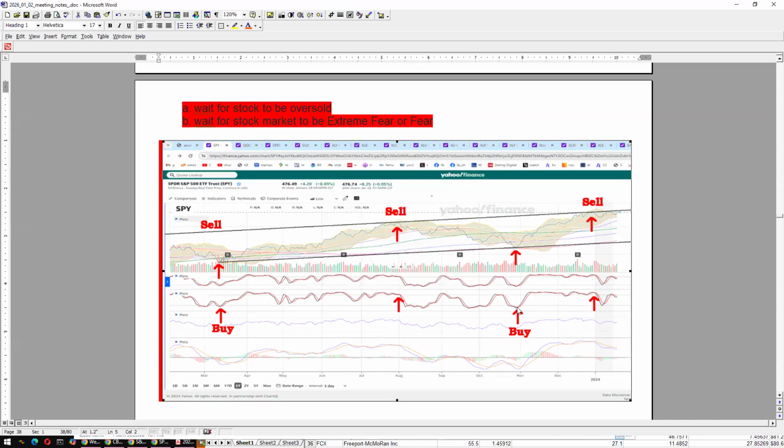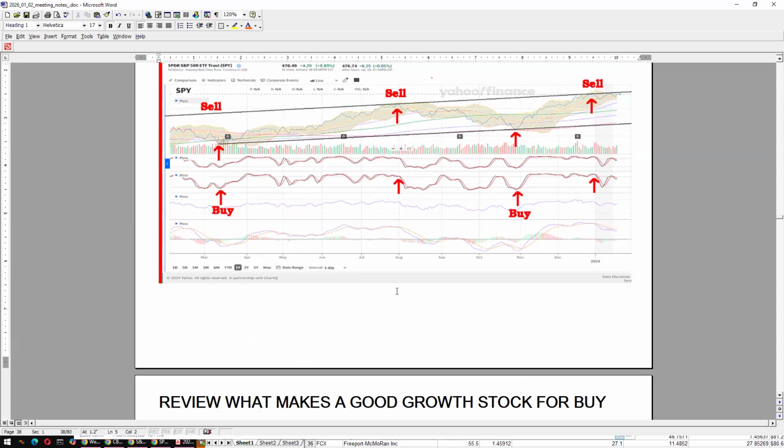Right here, the stochastics are low, below 10. That's a buy, and it's at the bottom of its channel. And once it gets to the top of its channel, like it is right now in the S&P, you want to either sell or not buy. And that usually has an overbought time to it, like it does right now. That's the first thing. That's the chart patterns.